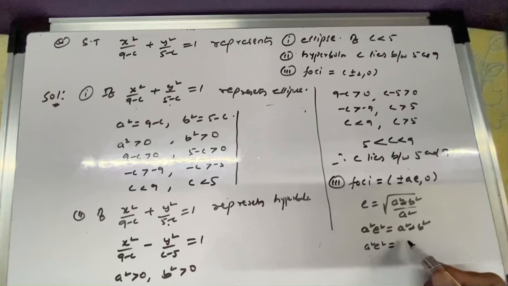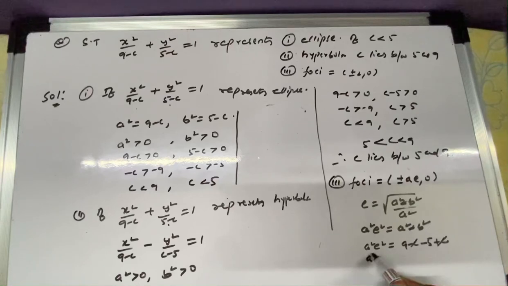A square minus b square, so a square value is 9 minus c minus 5 plus c. So these two cancelled. A square e square equals to 4 implies ae is equals to 2. Therefore foci equals to plus or minus 2 comma 0.